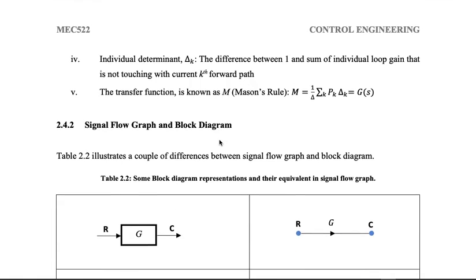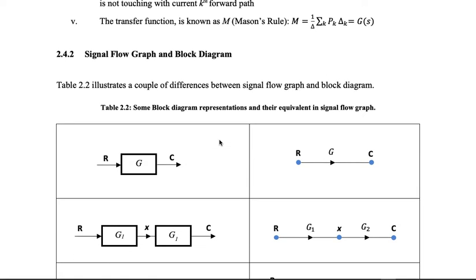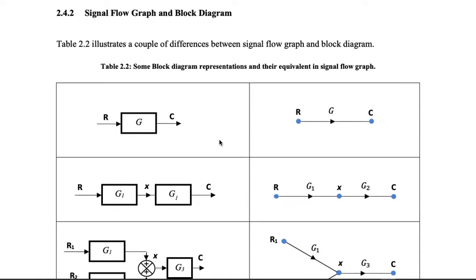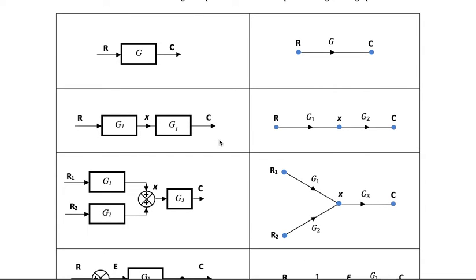Right. So to help us in manipulating the signal flow graph more effectively, we can make use of the equivalent table, which is illustrated in table 2.2. These are the essential blocks and their corresponding equivalent signal flow graphs.